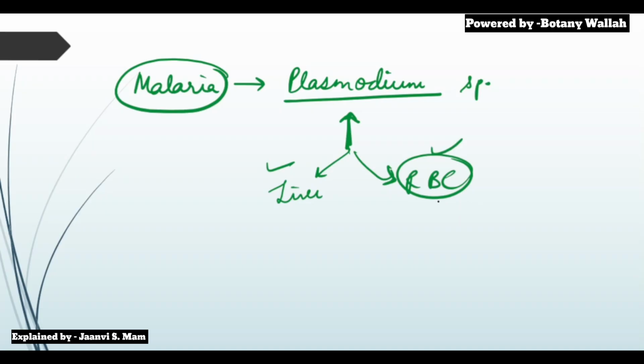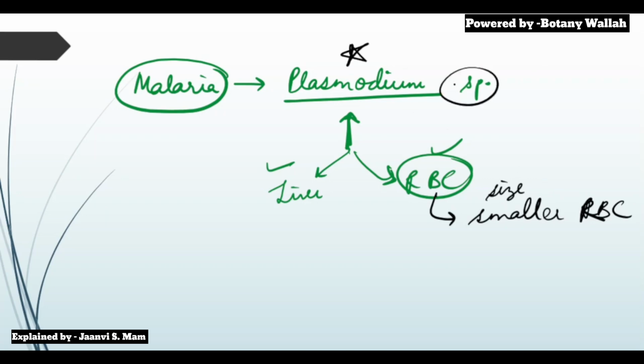If the RBC is a little bit sickle-shaped, the size becomes smaller. Then this Plasmodium species won't get any space to stay. So the possibility of getting malaria will decrease.